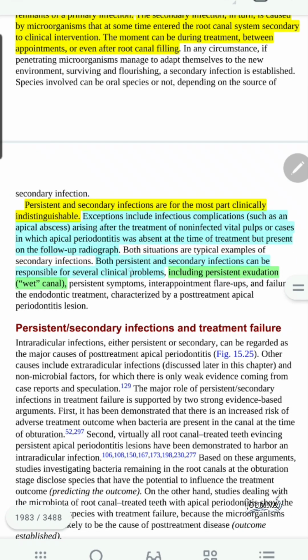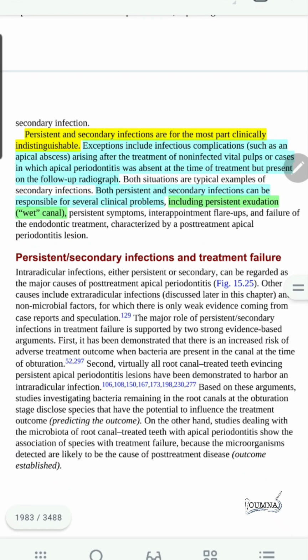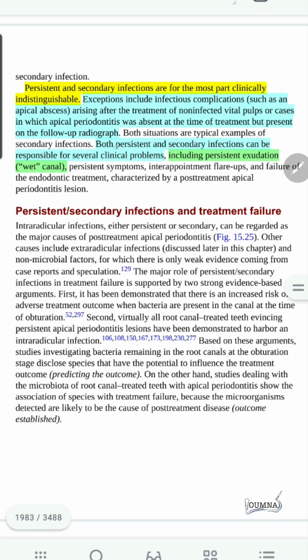These bacteria, the secondary ones, are actually more persistent, and they can cause flare-ups between the appointments and increase the symptoms. Also, they can change the case from chronic to severe, and they cause persistent exudation from the canal.